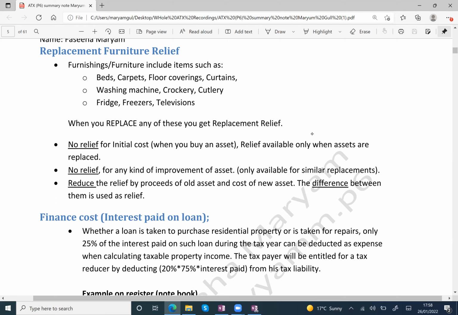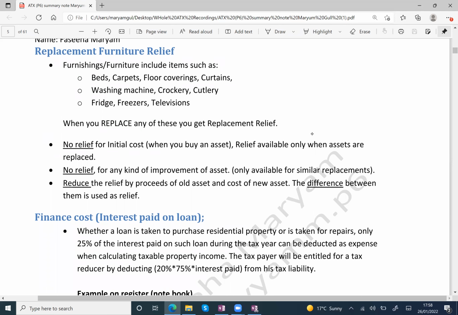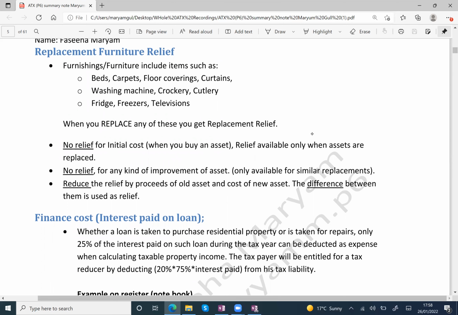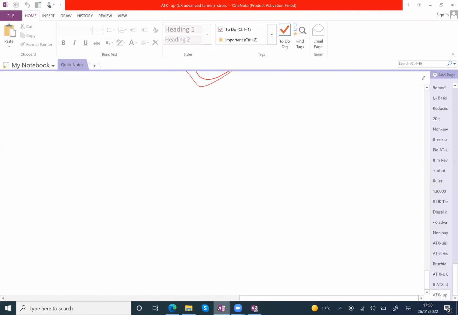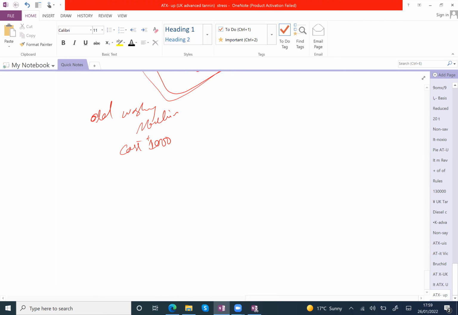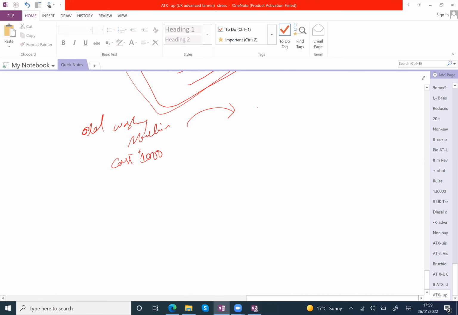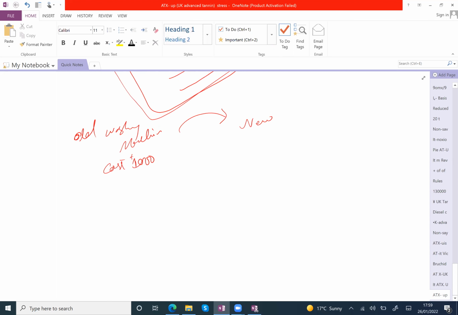Next, third point, no relief for any kind of improvement of asset. For example, your old washing machine cost £1,000. And you are replacing it with a new type of washing machine, a more improved washing machine.